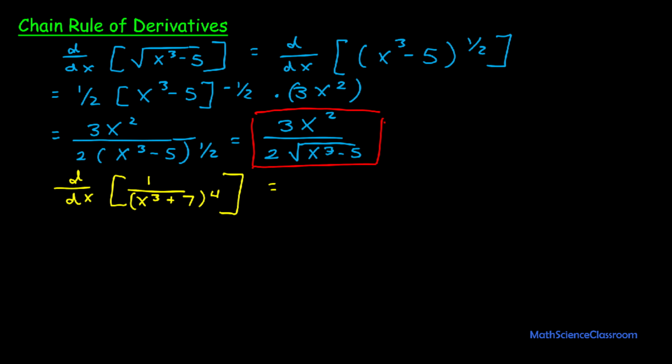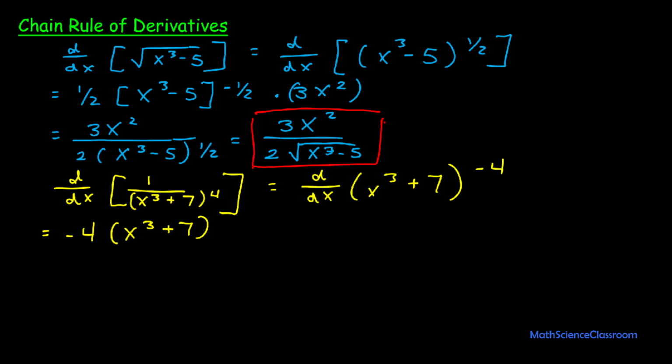Equals d dx of x cubed plus 7 to the minus 4th, equals negative 4 times x cubed plus 7 to the negative 5th power times 3x squared, equals negative 12x squared times x cubed plus 7 to the negative 5th power.